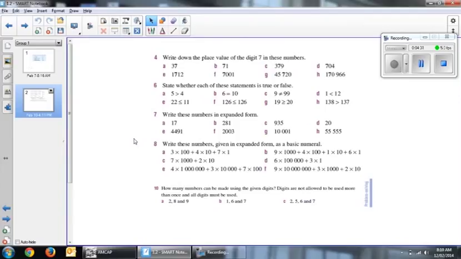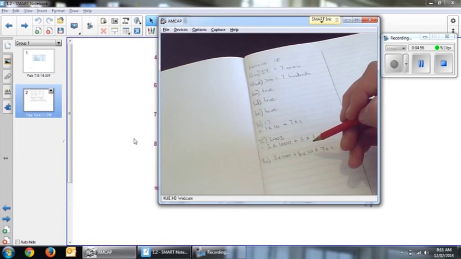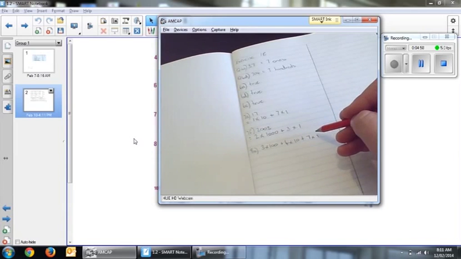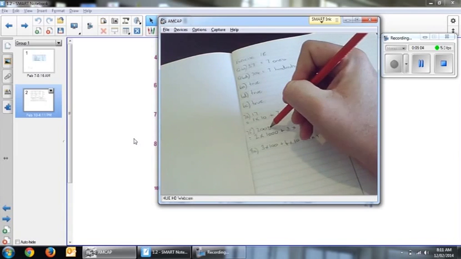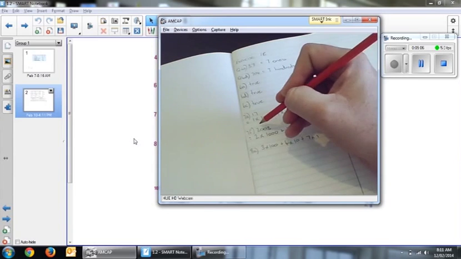Question 8. Write these numbers given in expanded form as basic numerals. I'm going to have a look at 8a here, and it is 3 times 100 plus 4 times 10 plus 7 times 1. These can get tricky when you have a case like this, where you don't have a value in every single place value.